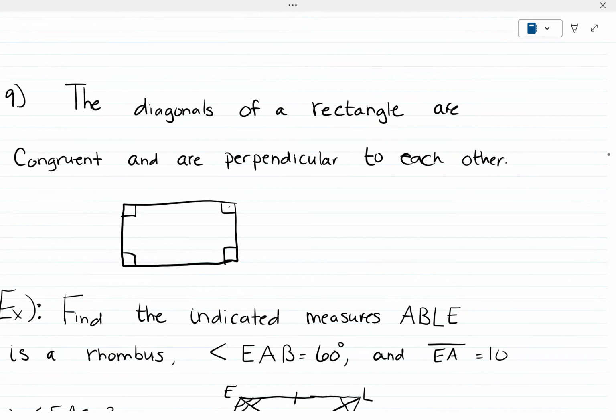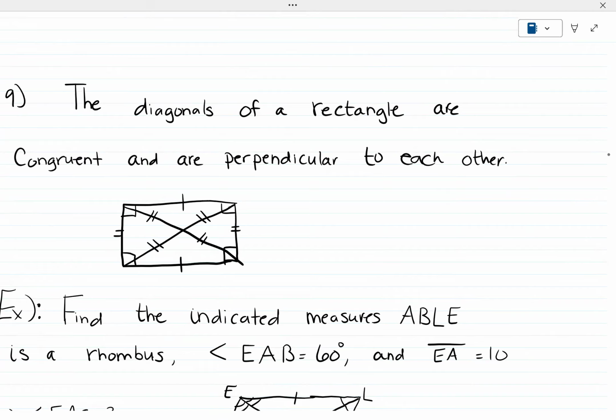This side is congruent with this side, and this side is congruent with this side. And what do we know about the diagonals? In a rectangle, the diagonals are congruent. So here you have a diagonal like this.